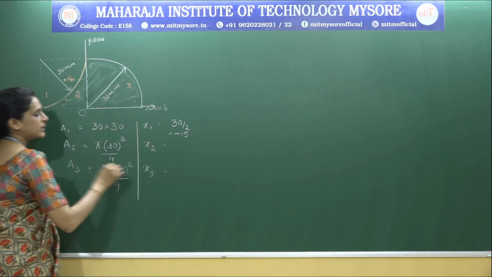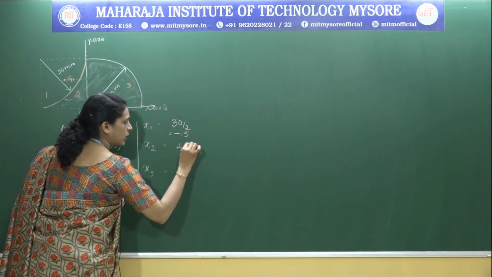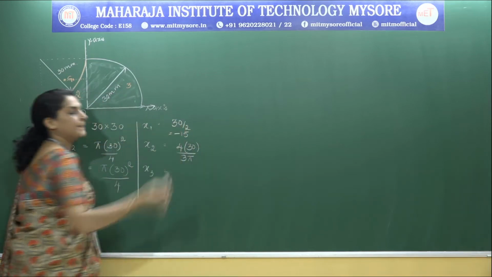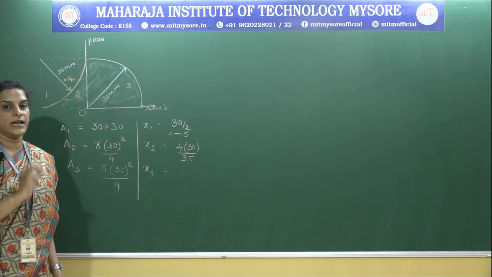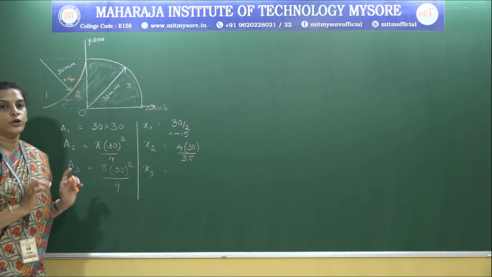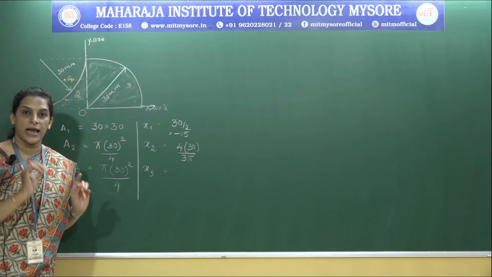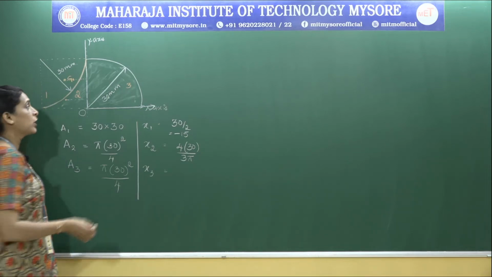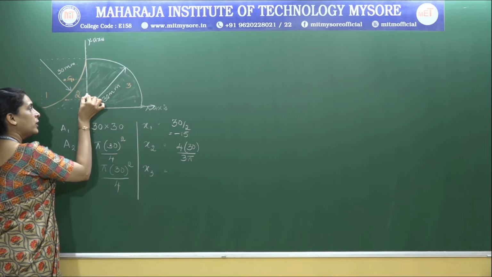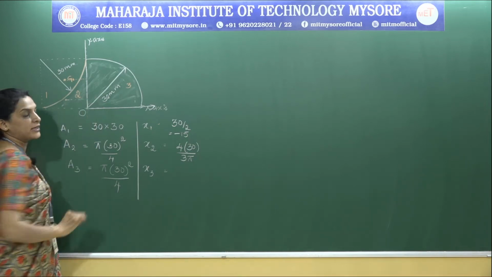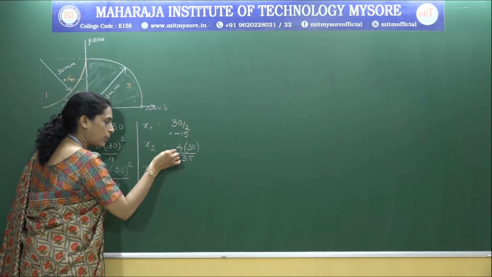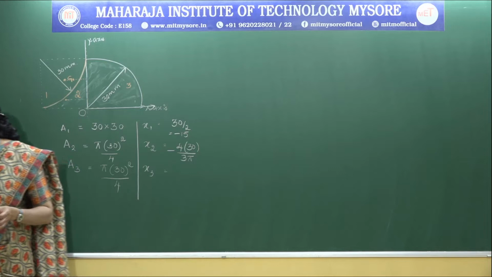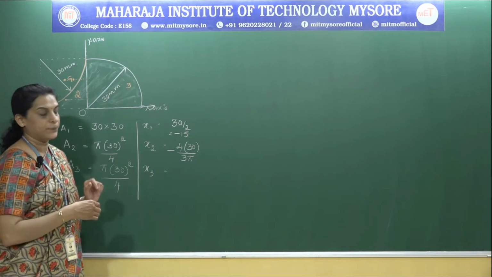So this is 4r by 3 pi. As per the derivation, where does the centroid for the quadrant of a circle lie? It lies at a distance of 4r by 3 pi. So again, we have the point to the left of the axis. So we are supposed to prefix with a negative sign. Fine. So that is very important to identify.